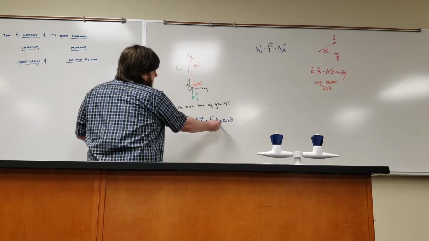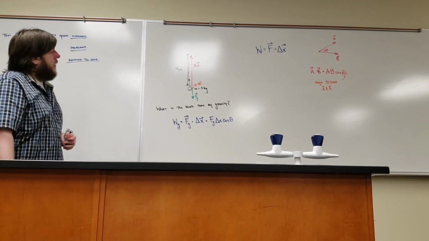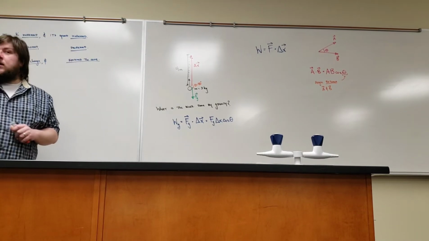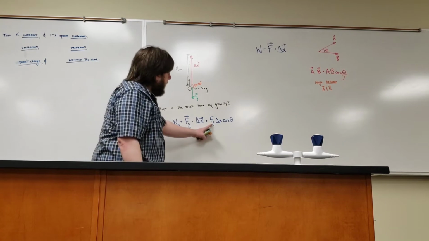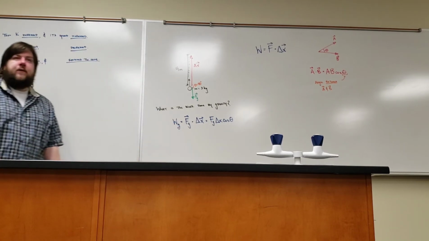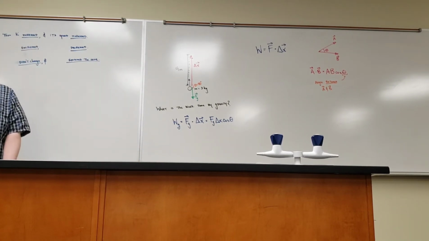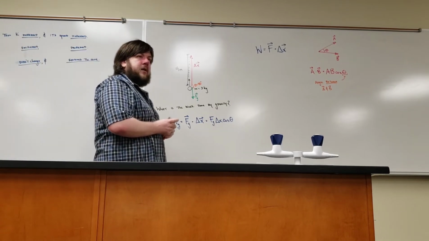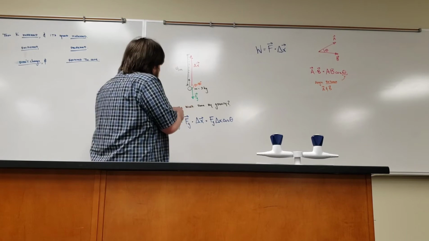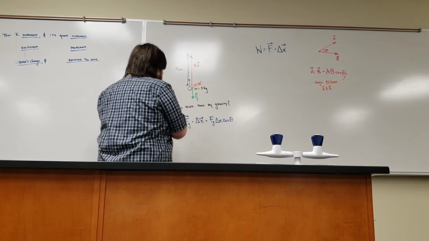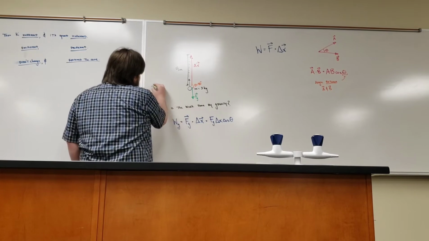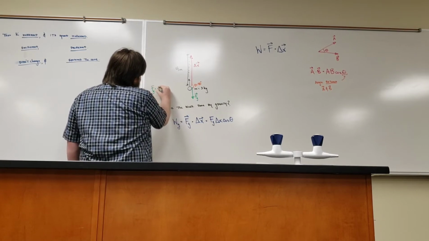What's delta x, the displacement? 4 meters, right? It travels upward 4 meters. What is Fg, the magnitude of the gravitational force? 30. How'd you get 30? 3 times 10. Yep. If the mass is 3 kilograms, then the force of gravity is mass times gravity.